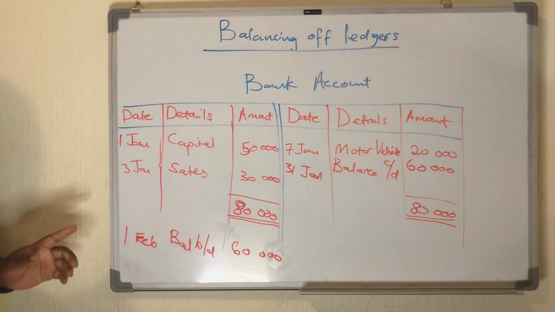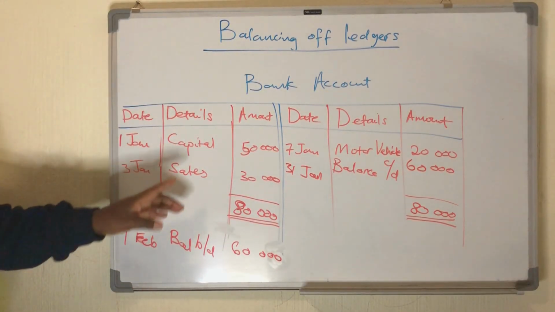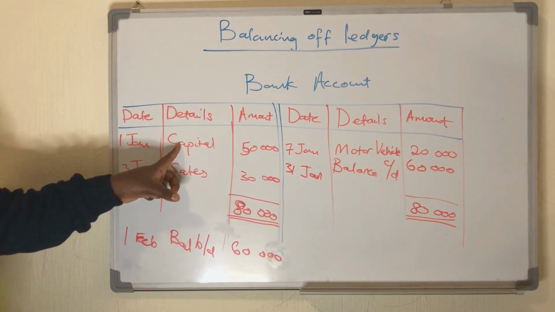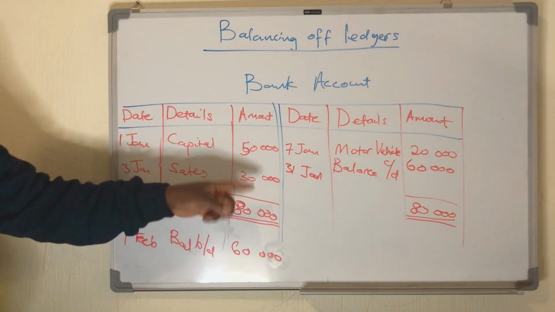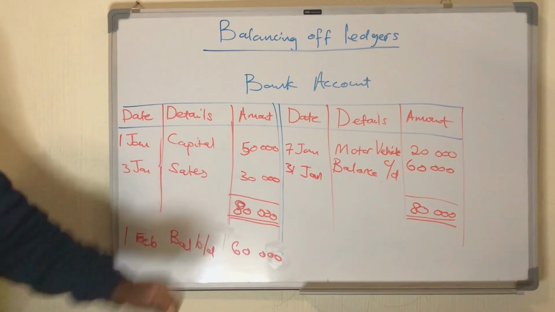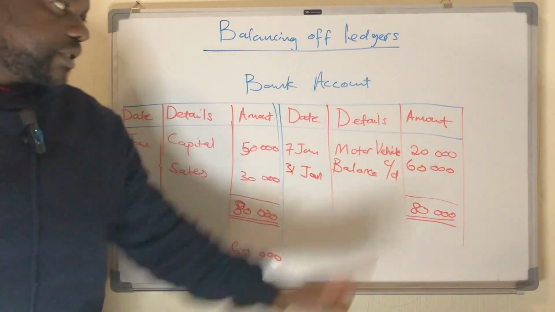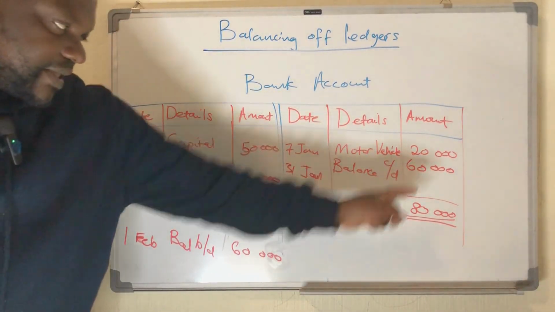I'll repeat again. What this account is showing us is that during the month we received two payments into our bank account. The first one was capital, 50,000. The second one was sales, 30,000. And the total of that is 80,000. From that 80,000, we used only 20,000 to buy a motor vehicle, meaning the balance is 60,000.